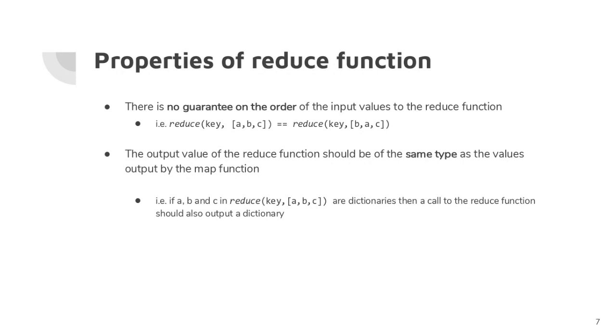It doesn't have to be a simple primitive value. It doesn't have to be an int or a float. It can also be a dictionary or something like that, but it has to be of the same type. So, for instance, if A, B, and C in the reduce key ABC are dictionaries, then the reduce function should also output a dictionary.